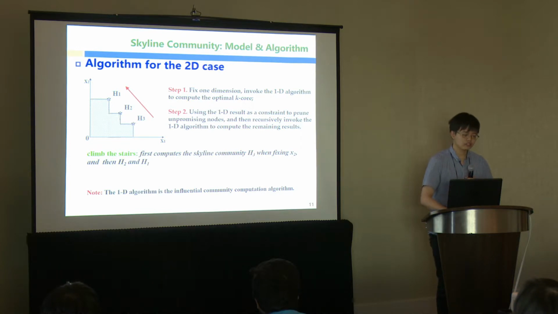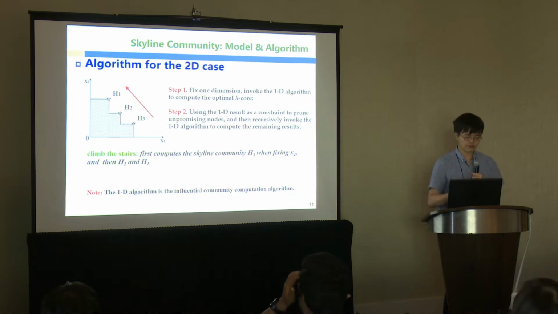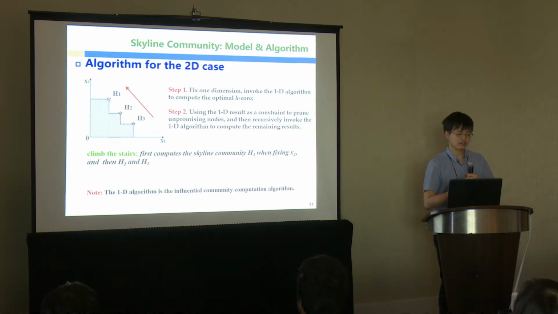Just like the figure on the left, if we fix the first dimension x1, we can get the maximal vertex, which is h3 in the 1D algorithm, and then we delete all the communities which are dominated by h3, and search for the second community h2.